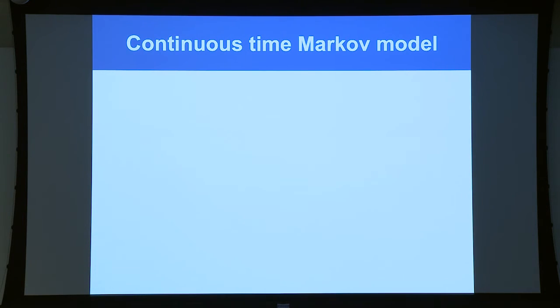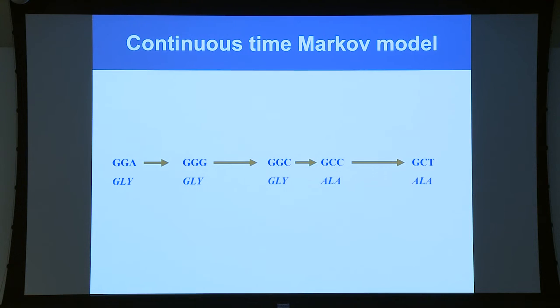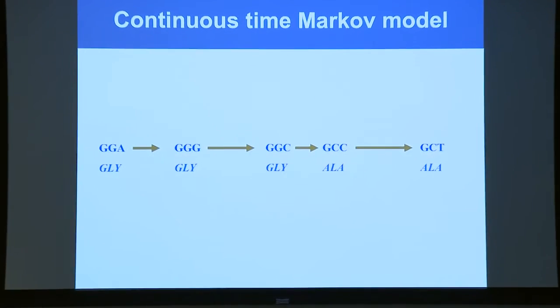So what I think is happening: there is this amino acid glycine encoded by the codon GGA. I wait a certain amount of time, there is a change. This change is synonymous, it's still glycine. Then I wait again, and then I have a change and this becomes alanine and stays alanine and so forth, right?